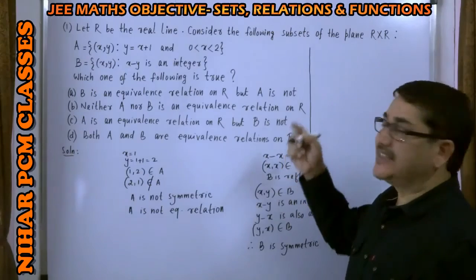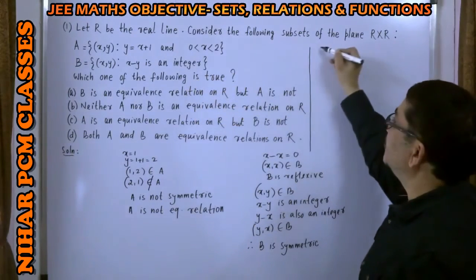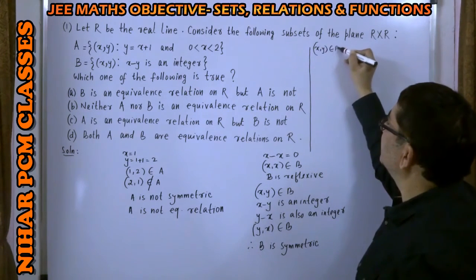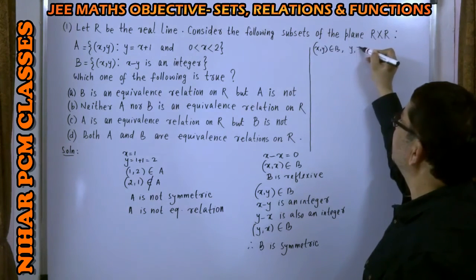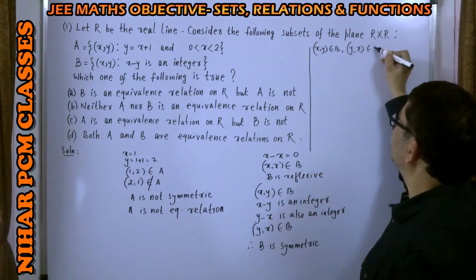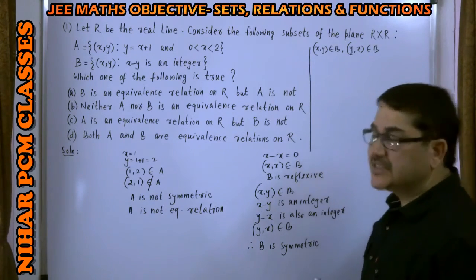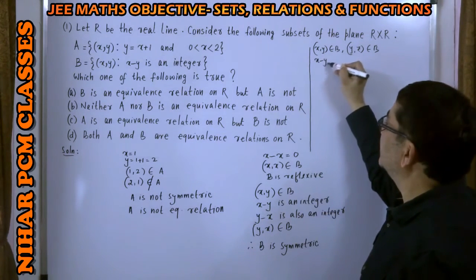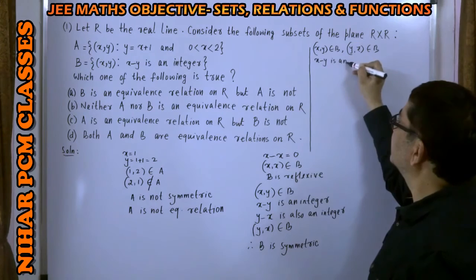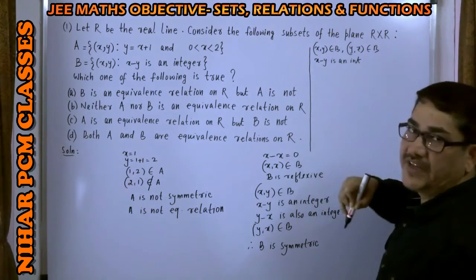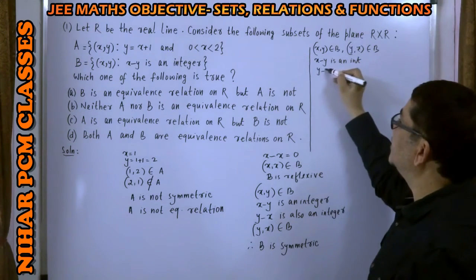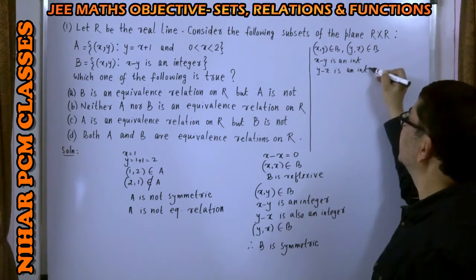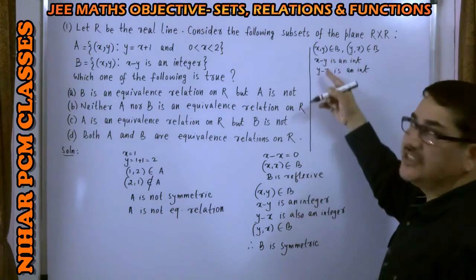Now let us discuss transitivity of B. Suppose (x, y) belongs to B and (y, z) belongs to B. This means x minus y is an integer. Similarly, y minus z is also an integer. Let us add these two.